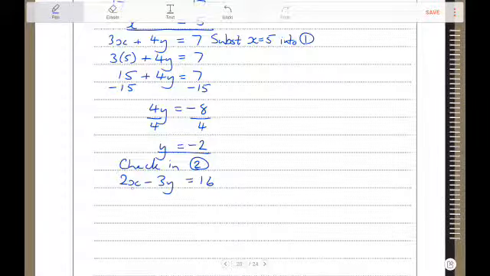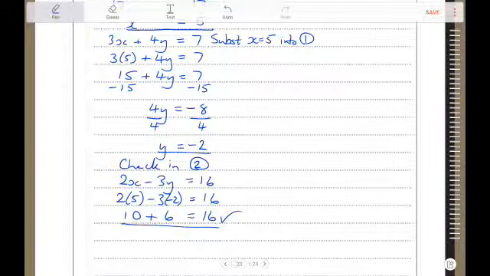So what I need to do is put my x value in there, put my y value in there, and hopefully I'll get 16. If I do, I know it's right. So 2 times 5, that was my x. My y was minus 2. So that's 10. Minus times minus is a plus. 3 2s are 6. Yes, that equals 16.